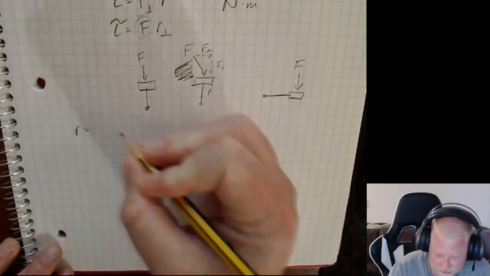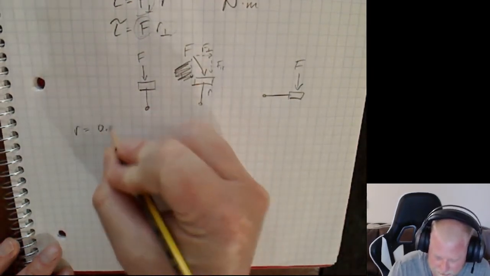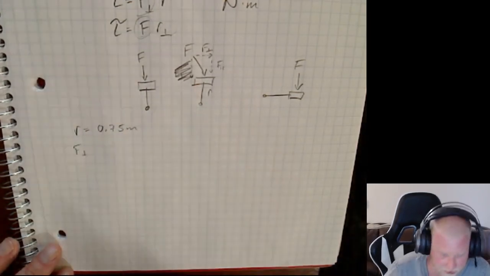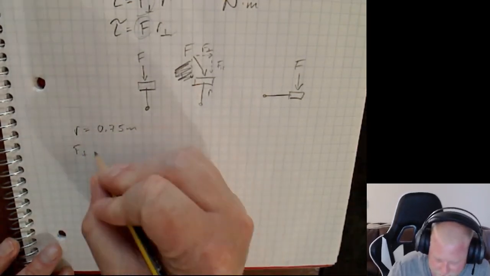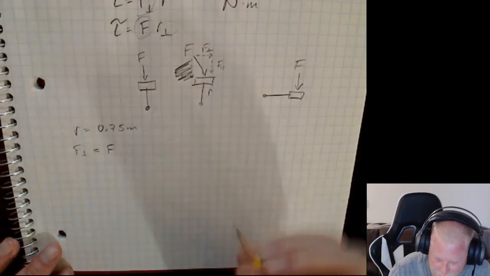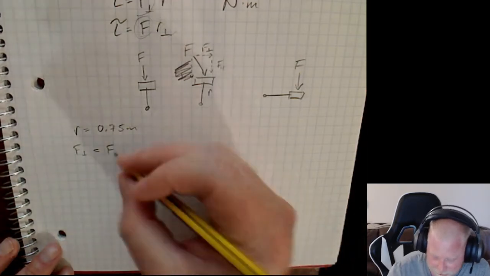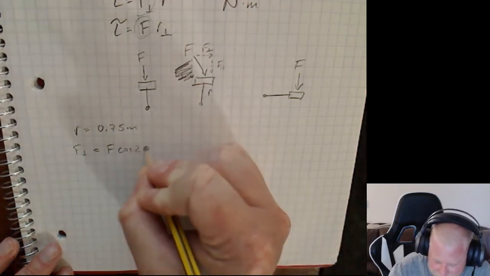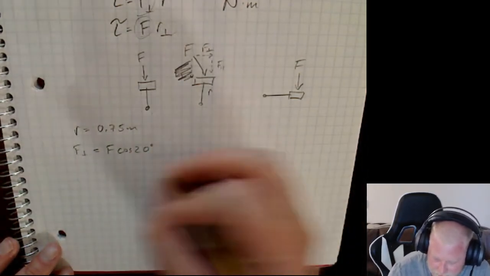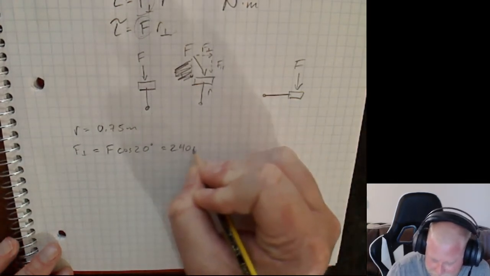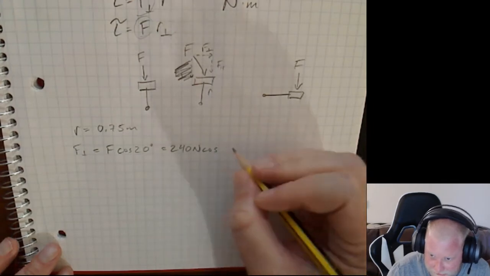So our radial line is 0.75 meters. Our perpendicular component of our force is going to be the force, and in this case, the cosine of 20. Alright, so 240 newtons times the cosine of 20 degrees.